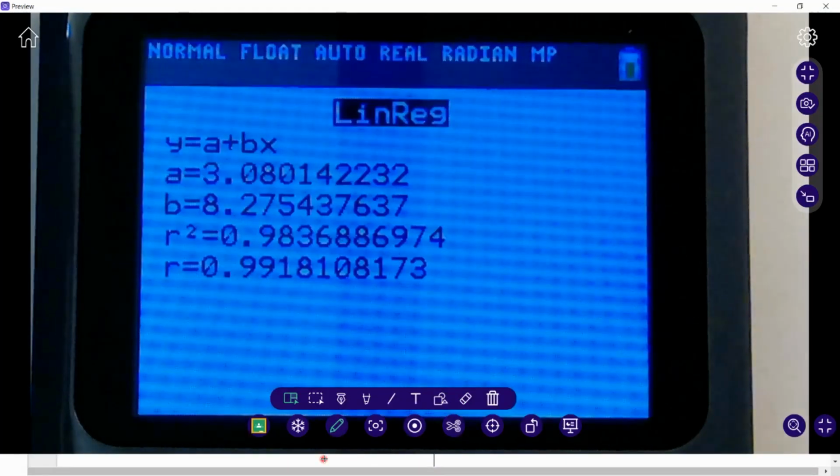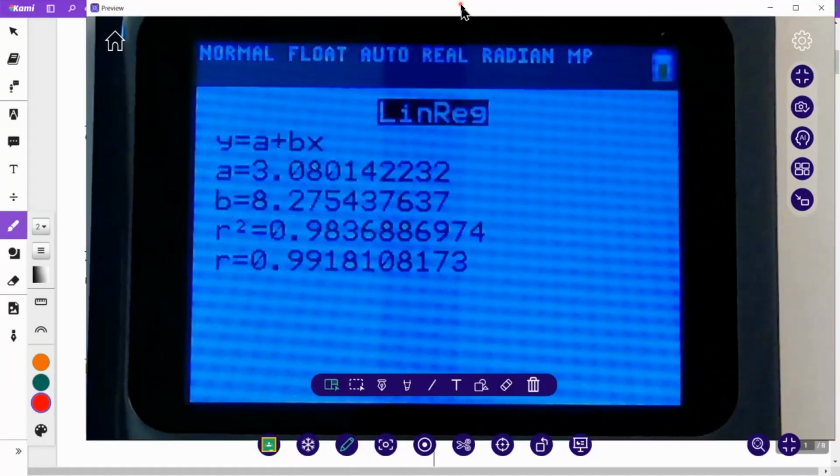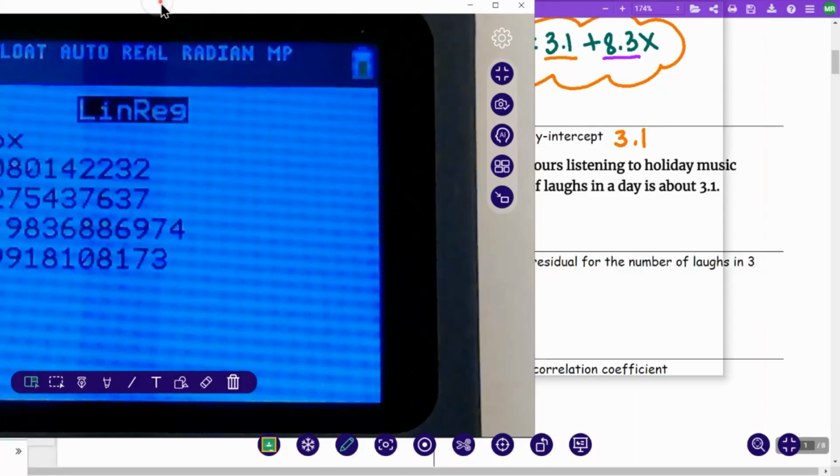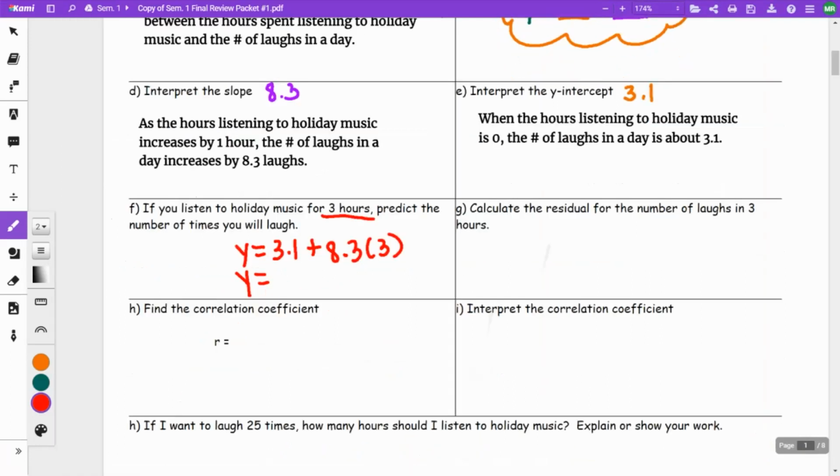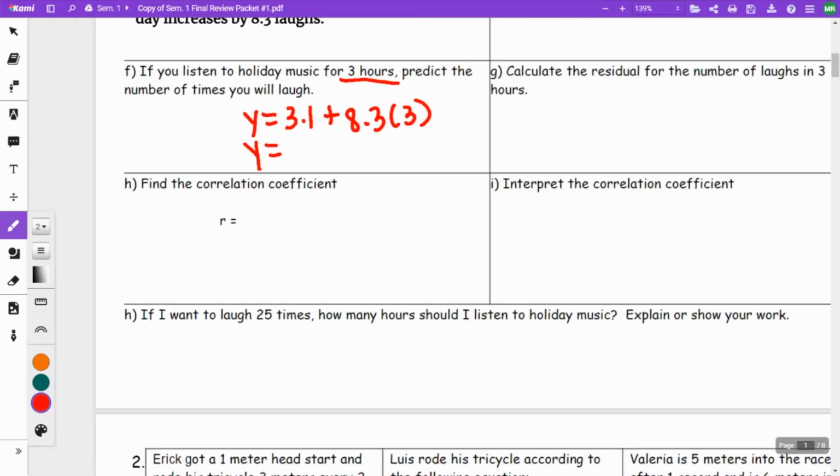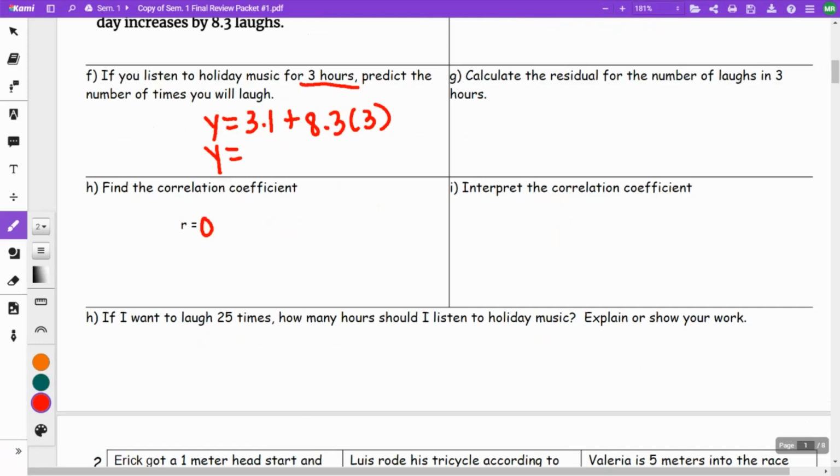Okay, so before I forget the R, I need to write my R down. So let me come and jot down my R before I don't have it. So my R was 0.9918. I forgot to write that down. Okay.